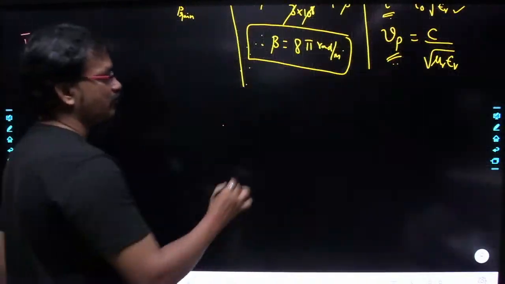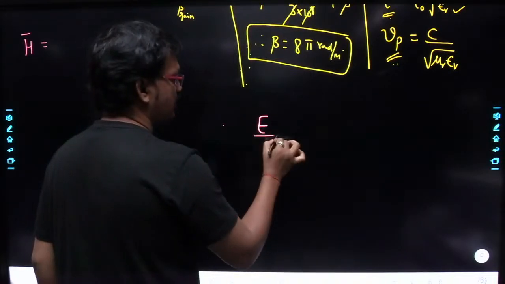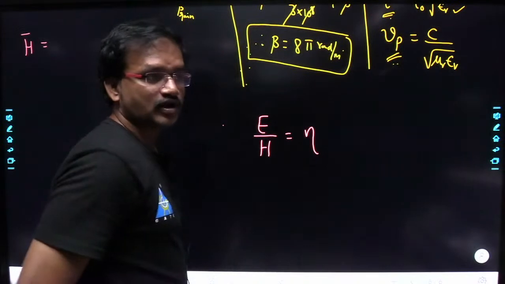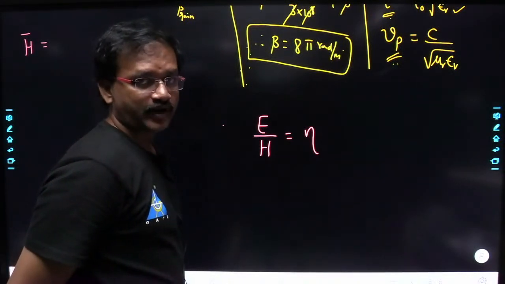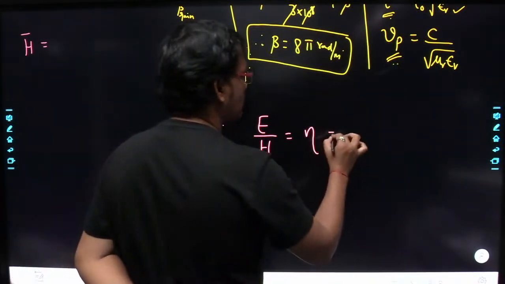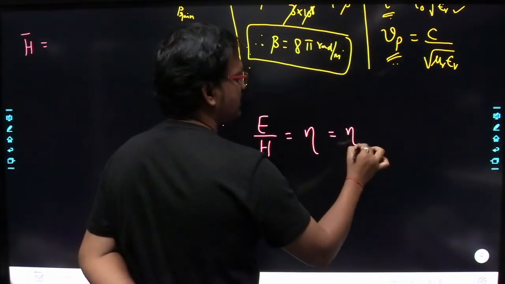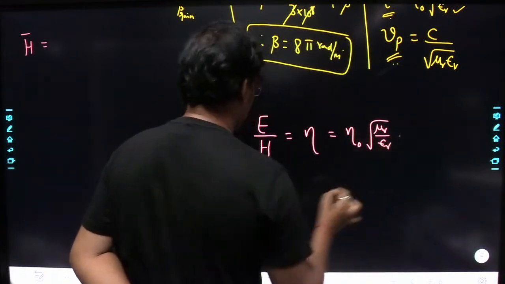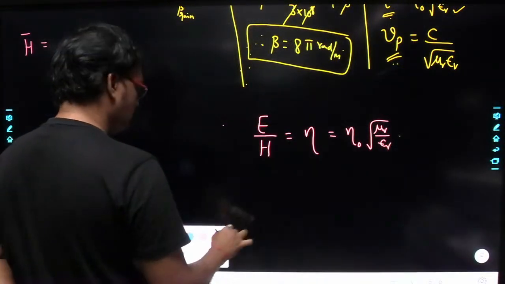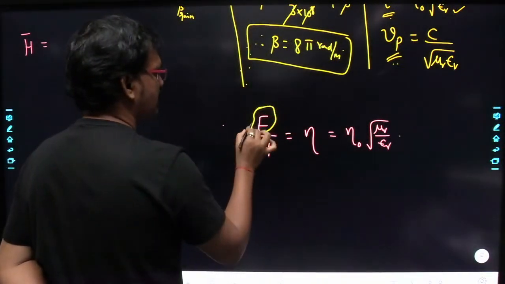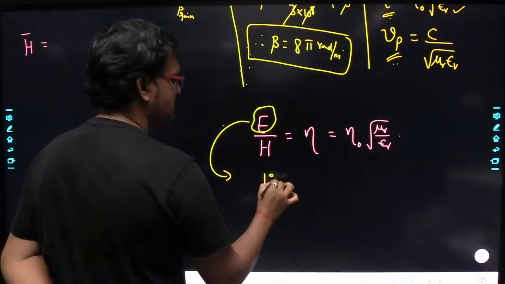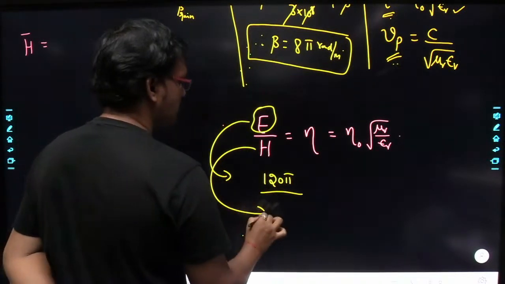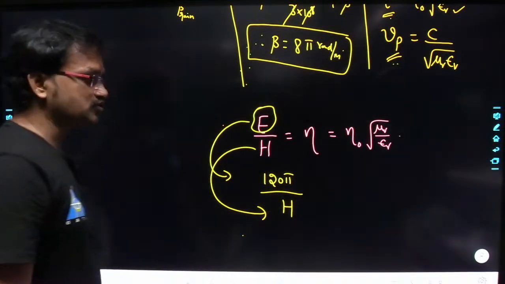We know that the E by H ratio is nothing but the intrinsic impedance of the medium, that is eta, right? Eta is nothing but eta naught into square root of mu r by epsilon r. Now what is the amplitude of the electric field? It is nothing but 120 pi, and the amplitude of the H field you have to determine. We don't know the amplitude of the H field.